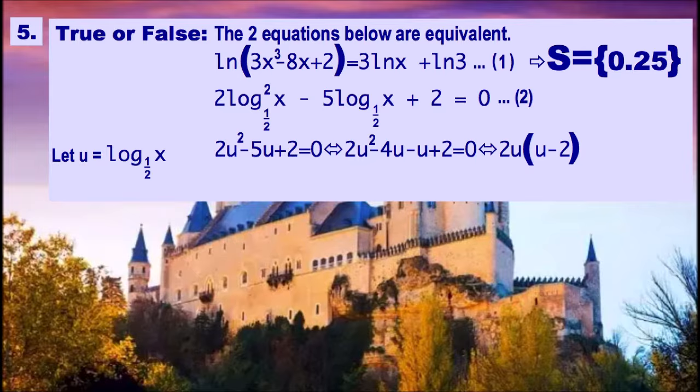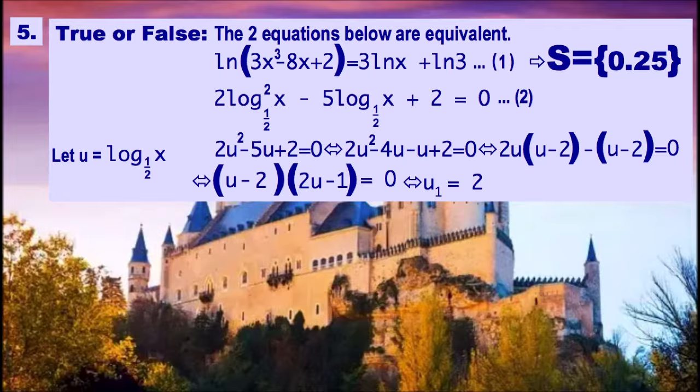Equivalent to 2u times the quantity u minus 2 minus the quantity u minus 2 equals 0, which is equivalent to the quantity u minus 2 times the quantity 2u minus 1 equaling 0, which is equivalent to, using the zero product property, u1 equals 2 and u2 equals 1/2.